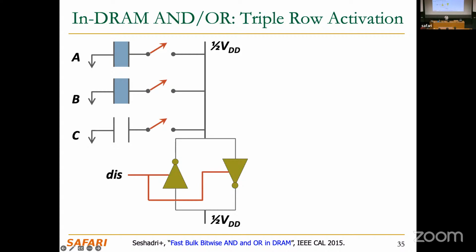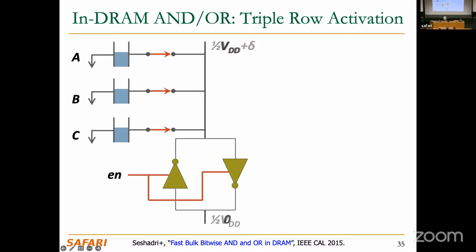Since this is a differential sense amplifier, when you activate the 3 rows at the same time, the 3 rows simultaneously perturb the voltage level of the bit line. The sense amplifier is going to pull the voltage level to the majority of the voltage levels stored in the 3 DRAM cells involved in the computation.